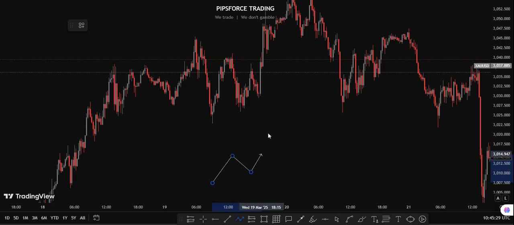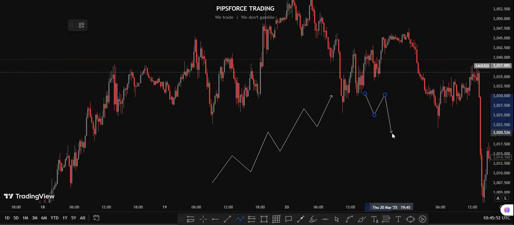So if you see price moving to an upside, that's what we call a bullish market structure, creating a series of higher highs and higher lows, and vice versa when price is moving to the downside, price creates a series of lower highs and lower lows, breaking structures to the downside.